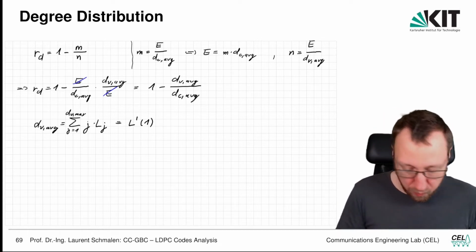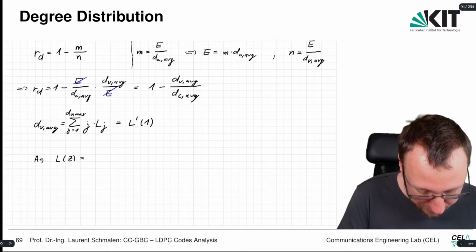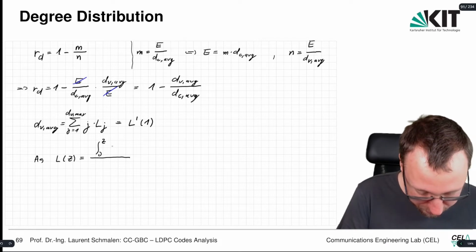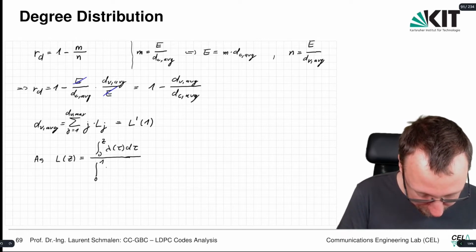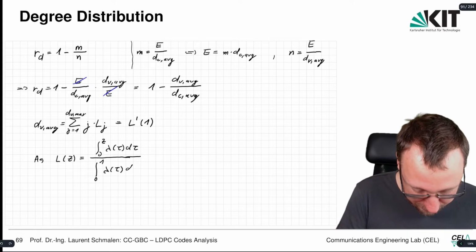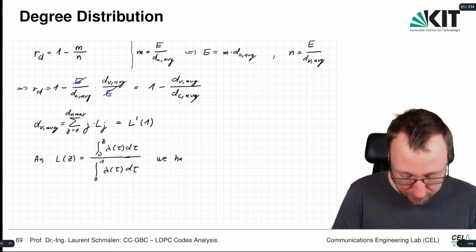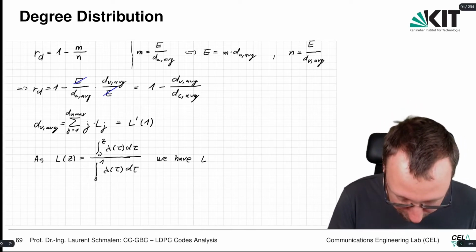So now we have L of z is equal to the integral from 0 to z of lambda tau d tau, divided by the integral from 0 to 1 of lambda tau d tau. Then we just take the derivative, so we apply Leibniz formula. So we have L prime of z.